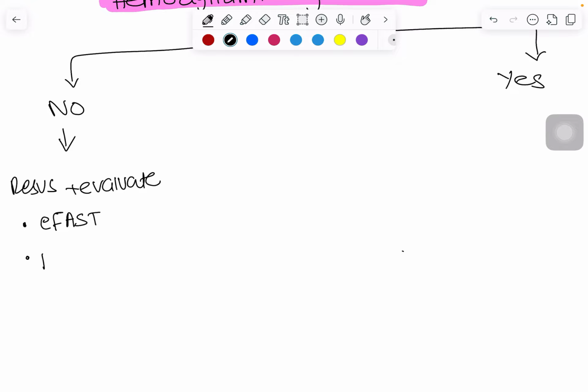We also get a chest X-ray to see if there's any pneumothorax, and an ECG to see if there's any myocardial contusion.